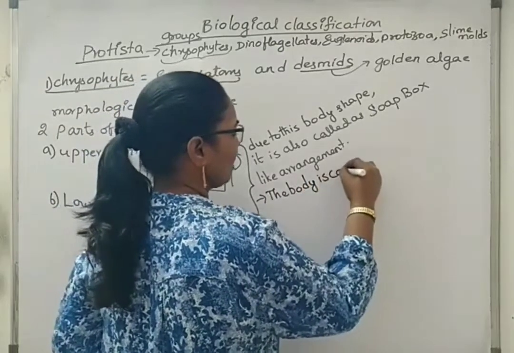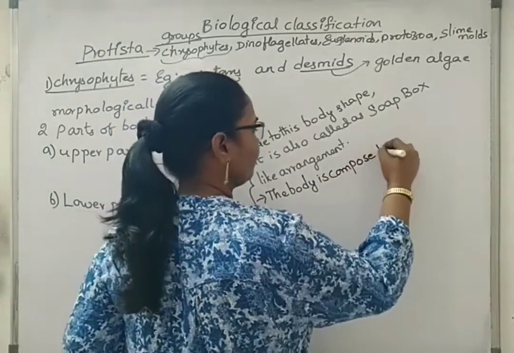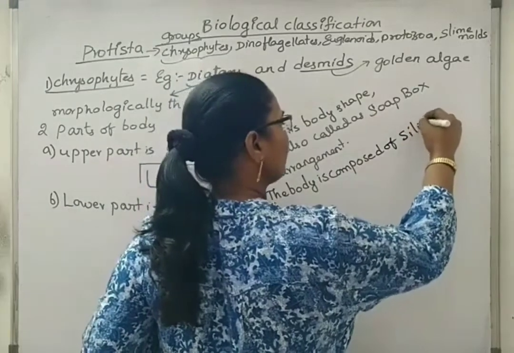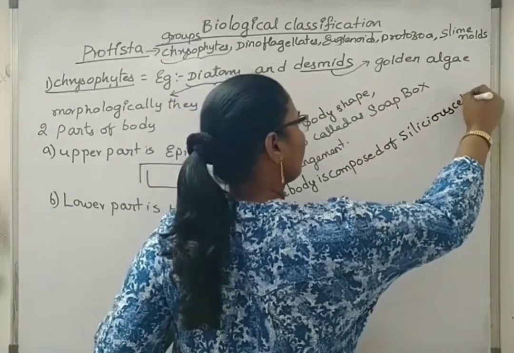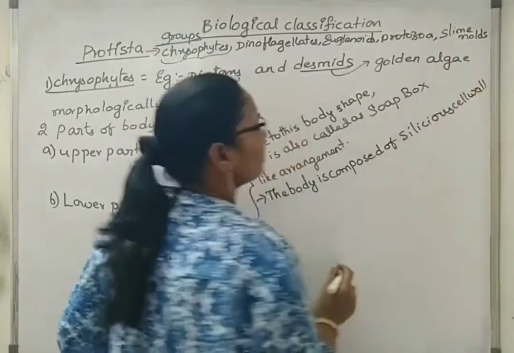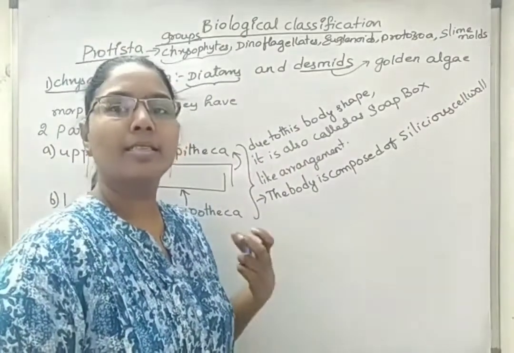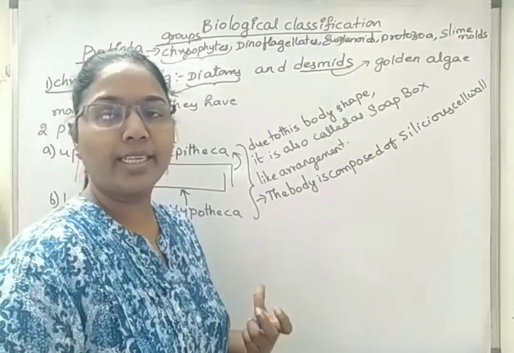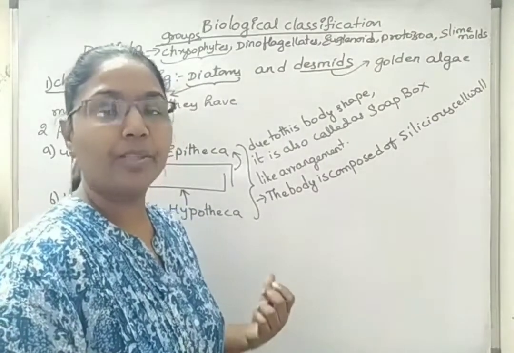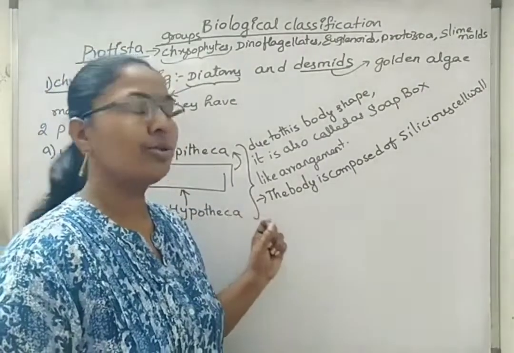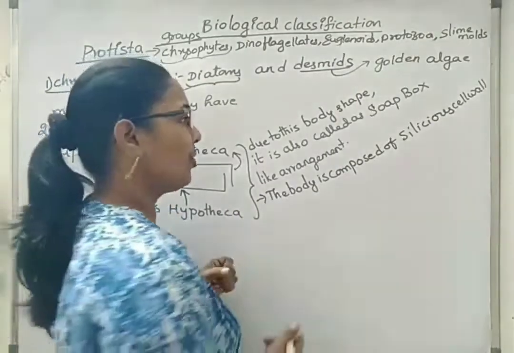The body is composed of a siliceous cell wall. Along with the carbohydrates that are present, silica is one of the major contents in the diatom's body. So it is also called a siliceous cell wall.